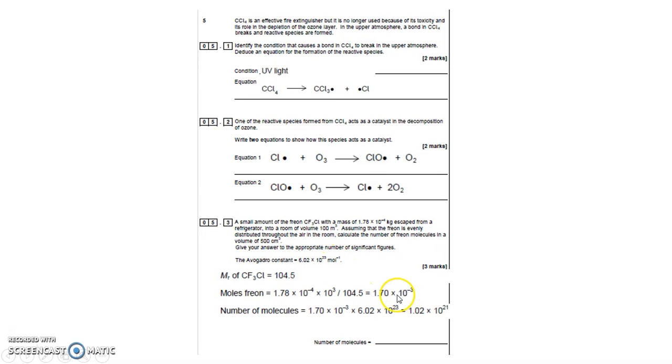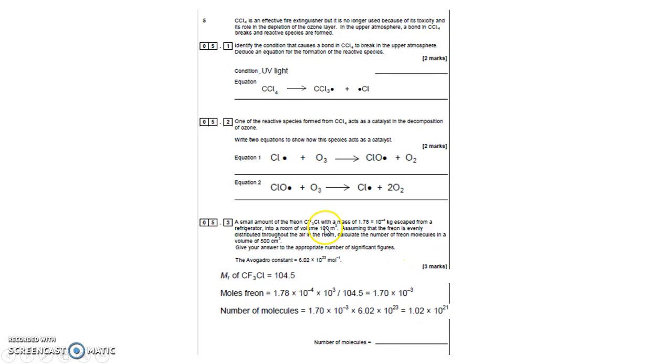I've got that number of moles. So if I multiply that by Avogadro's constant, it gives me this number. This number, 1.02 times 10 to the power 21, is the number of particles or molecules that I have in that number of moles, that number of kilograms of Freon.